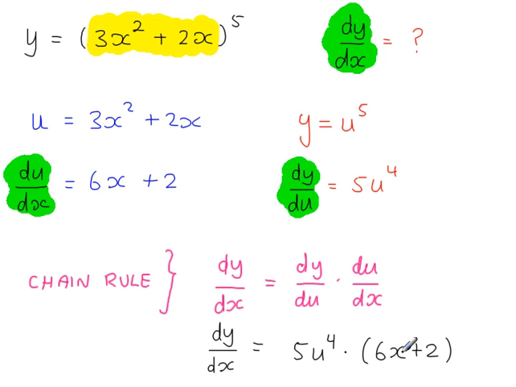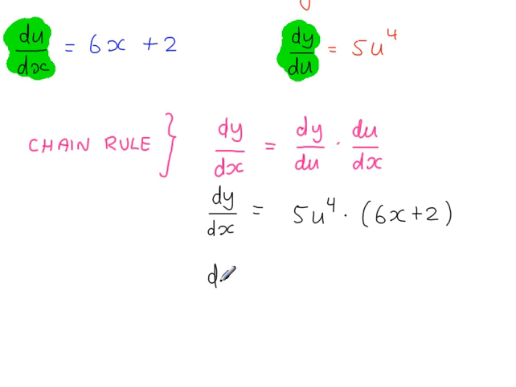Now, the original equation here is just y in terms of x, and there's no mention of u in there. U was something that we've introduced ourselves as a substitution, and now we need to undo this. So this u here, we need to replace with 3x squared plus 2x.